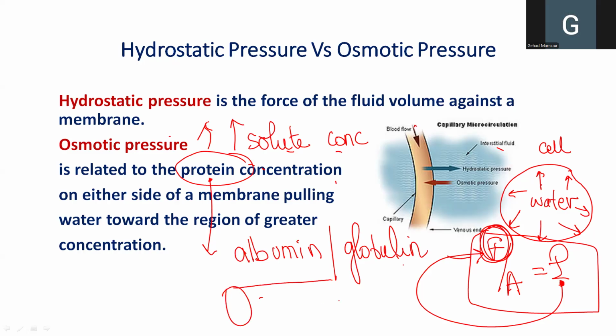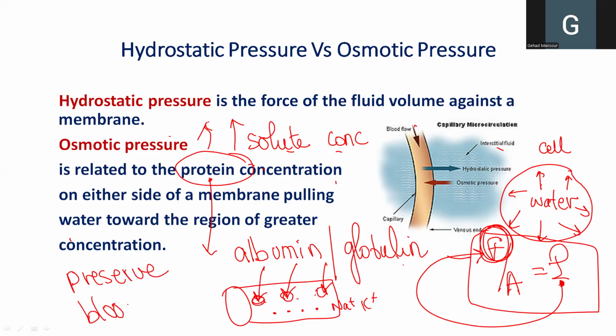Why? Because their presence in the blood, although they are big in size, just like the presence of smaller ions like sodium and potassium, is very useful because they cannot leave the bloodstream, and they help attract water, and therefore they help to preserve the volume of the plasma and therefore preserve blood volume.